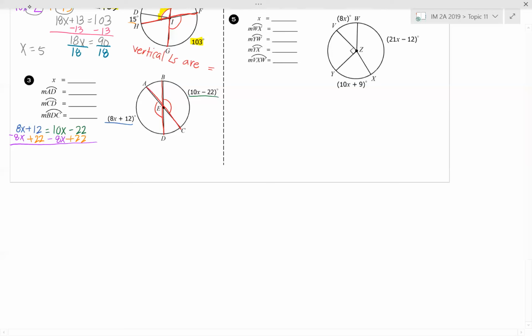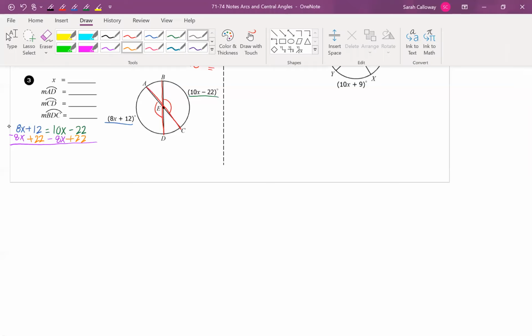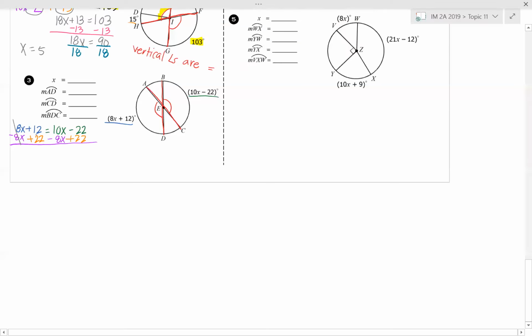That's going to give me 8 minus 8 is nothing, and then 12 plus 22 means we've got 34. Then 10x minus 8x gives us 2x, and negative 22 plus 22 is 0. So if I divide both sides by 2, that gives us that x is 17.